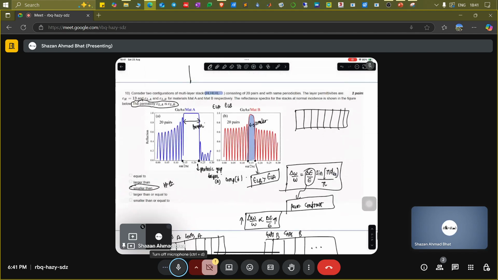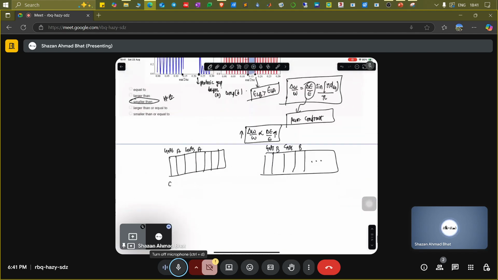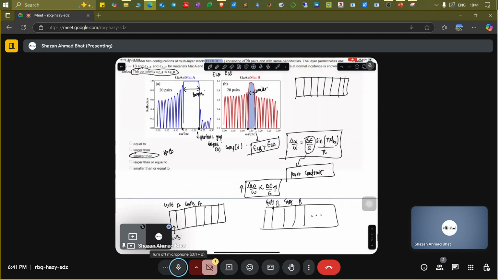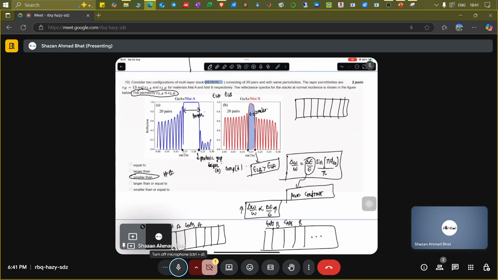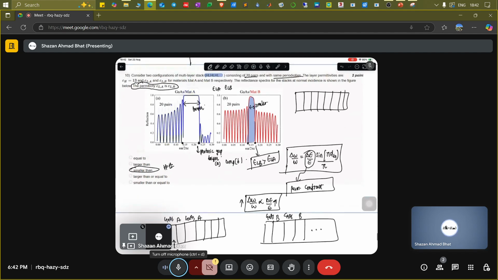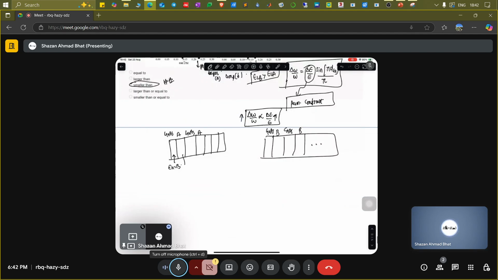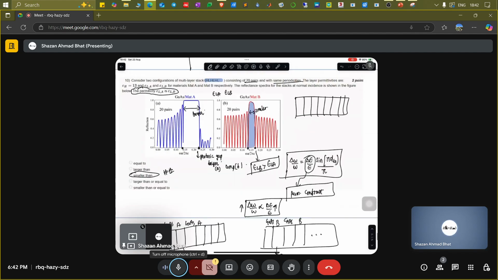And epsilon H is given as 13, which is basically for the gallium arsenide. These are like 20 pairs with same periodicities. The layer permittivities are epsilon H and epsilon LA and epsilon LB. So that is exactly the scenario.